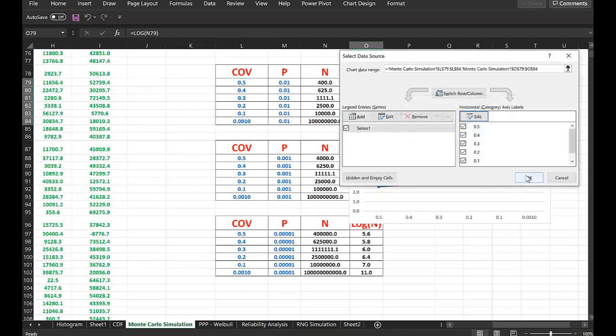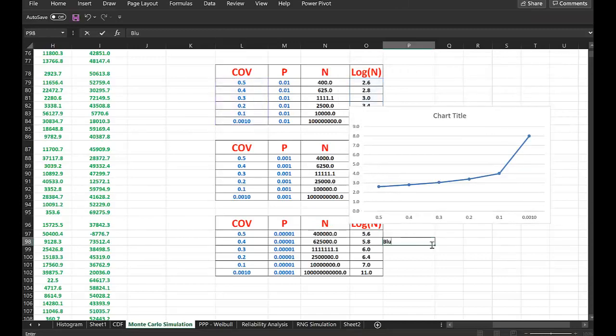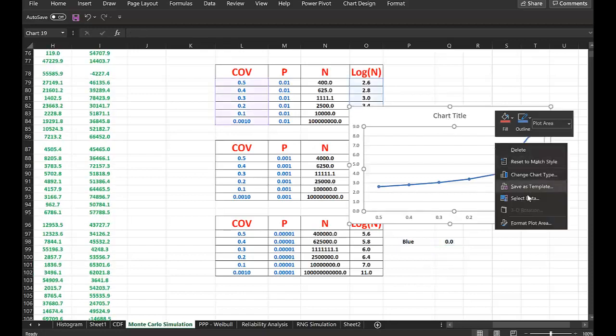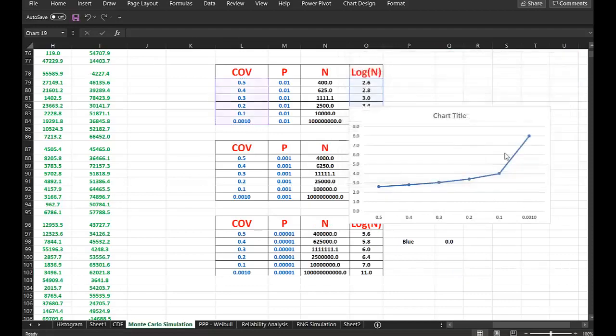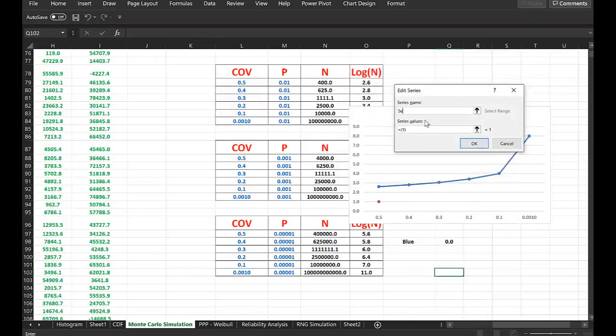So this is for probability 0.01. The blue line is for a probability of 0.01, and then we can add another series in the same curve. Let's say I select this data, so I can add another series. This is series 2, and the data is here.